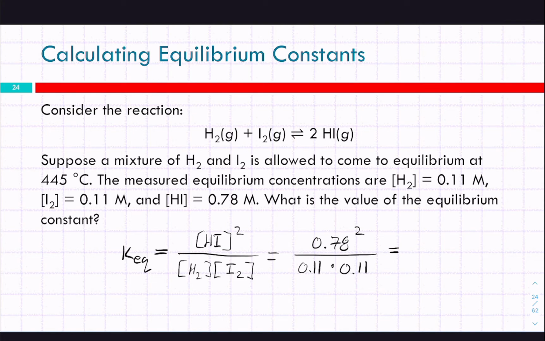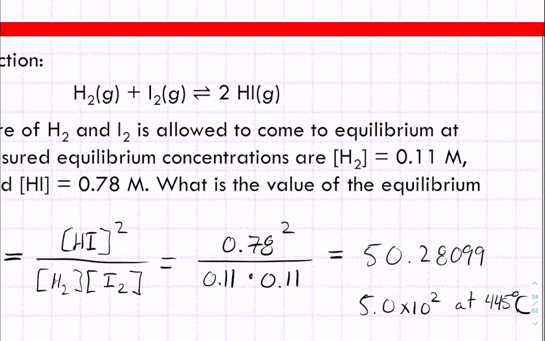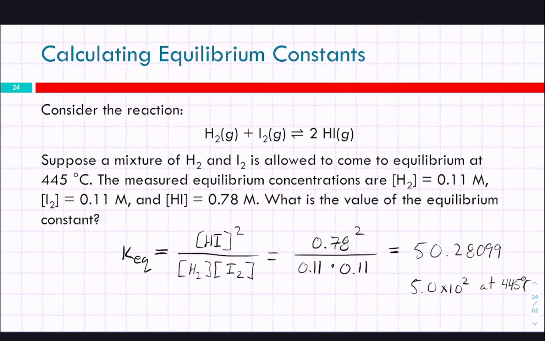So our equilibrium constant is going to be, with 2 sig figs here, which is kind of annoying, 5.0 times 10 to the 2. And then that's at 445 degrees C. So you just plug some numbers in. Make sure you do everything in the right order of operations.